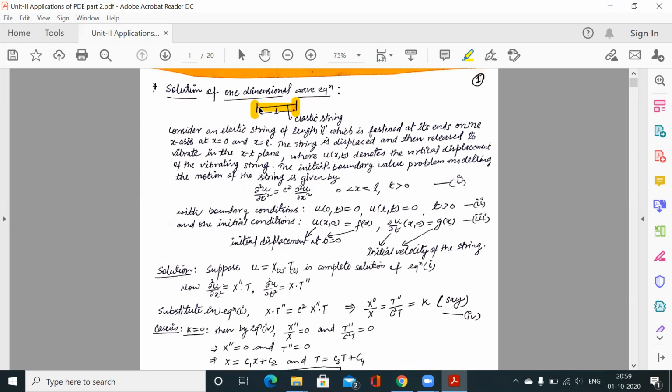This is an elastic string, or you can say a rope. It is fixed at both ends, and its length is small l, suppose.